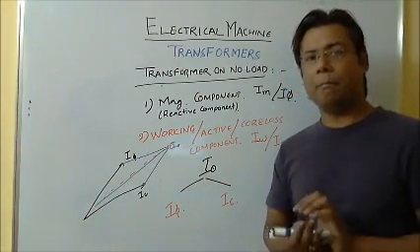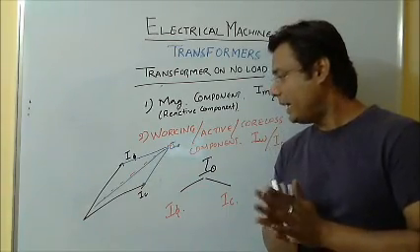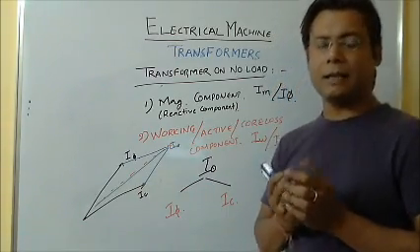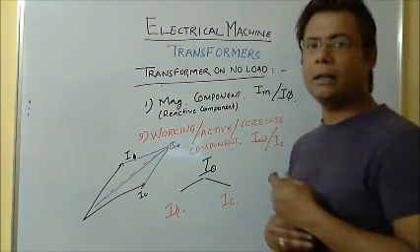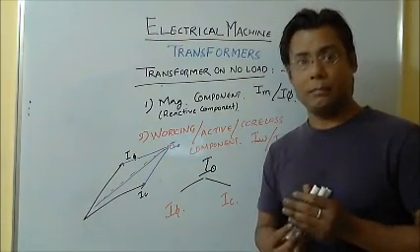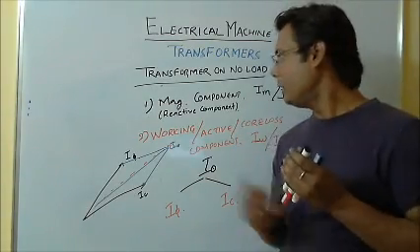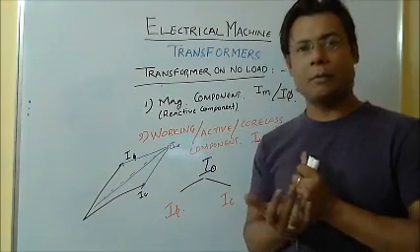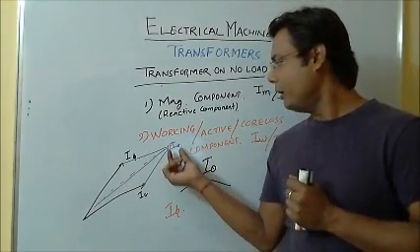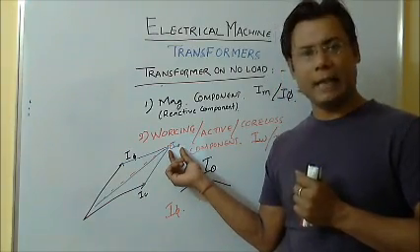Now coming to the parts, what are the uses of this I0, I phi and IC? As we have already discussed, on no load condition, when the secondary is open circuit, my transformer primary will draw only one current, which is called the no load current, that is I0.